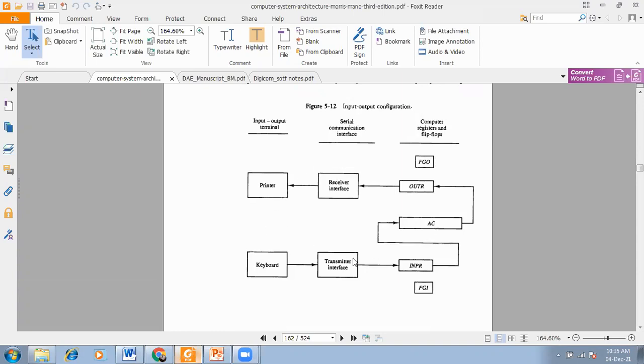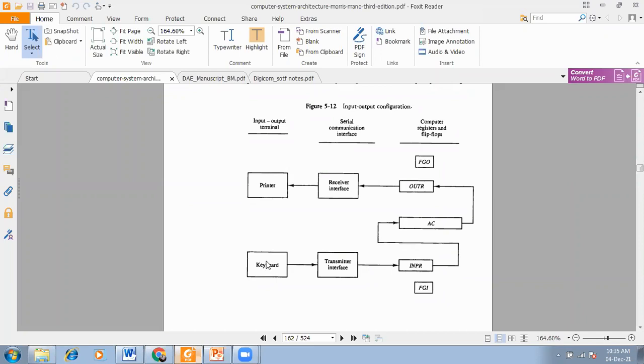Input output configuration. As you know, the basic example of an input device is the keyboard, alphanumeric. You can have the input here, and there is a transmitter interface, and there is an input register. This is important. The input register is there.